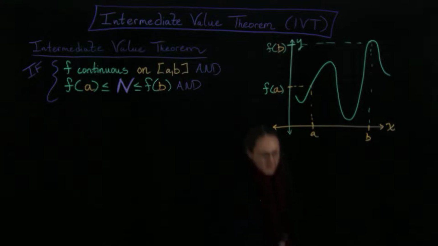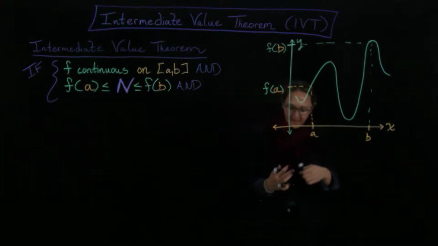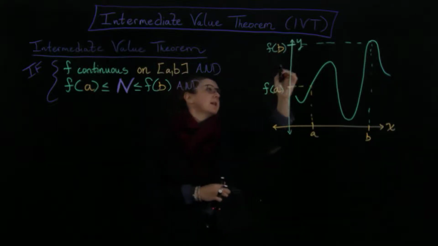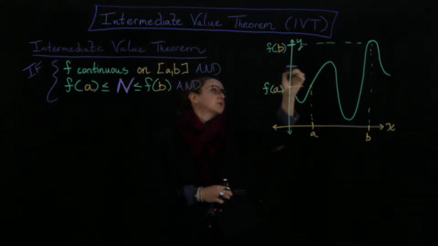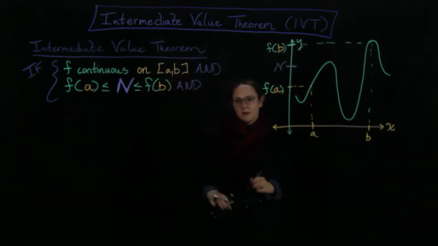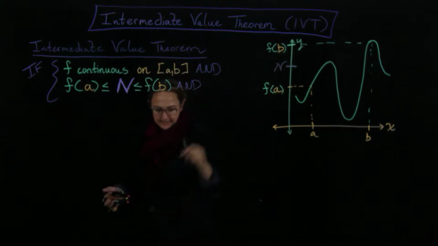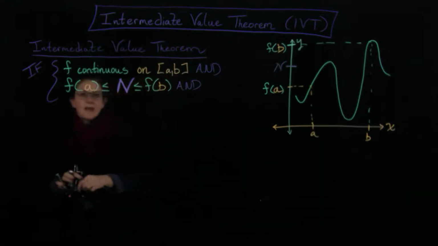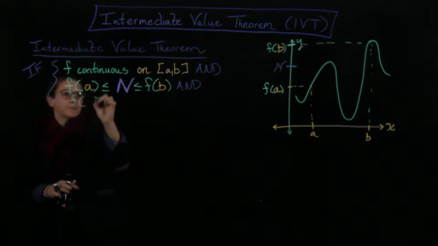And then I have some value n. This value n is between this f of a and this f of b. So I chose some value n that was between those two outputs. And the last thing I know that's true is that f of a does not equal f of b.